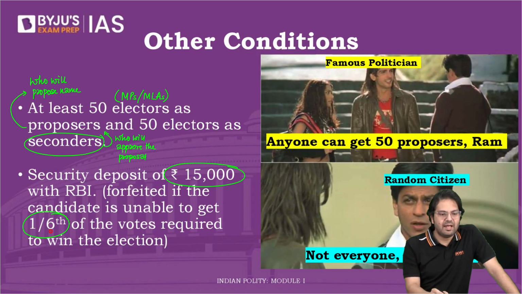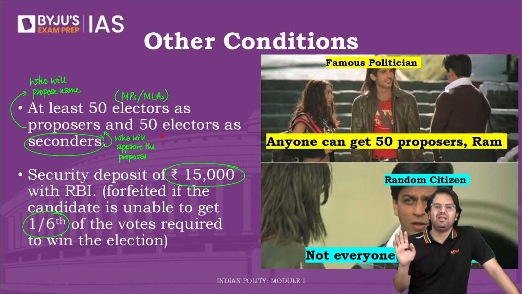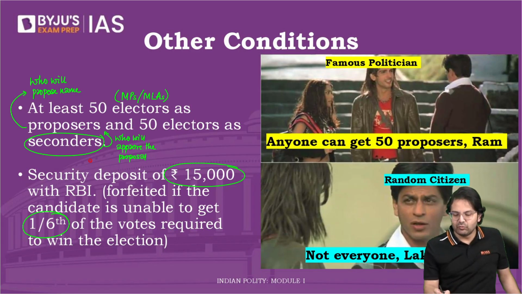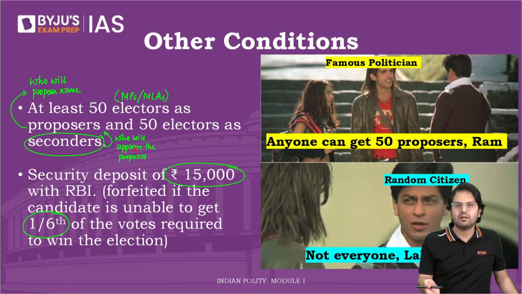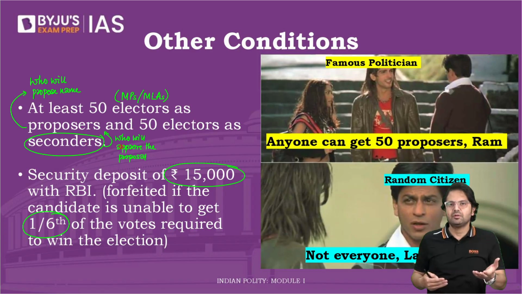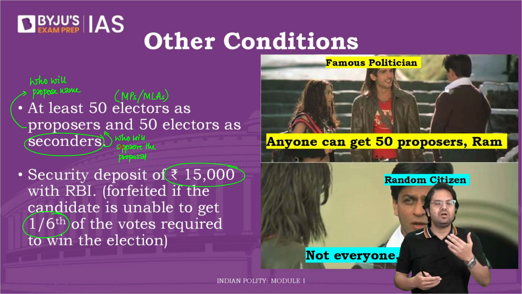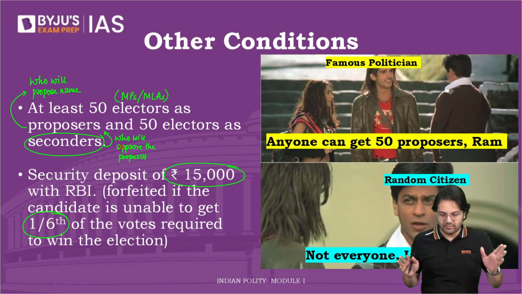These 50 electors and 50 electors, proposers and seconders, can be from any party. The only criterion is that you should be an MP or an MLA. Seconder means people who approve the proposal. I will propose, somebody else says, yes, I agree with this fellow. That is called a seconder. Okay, done.